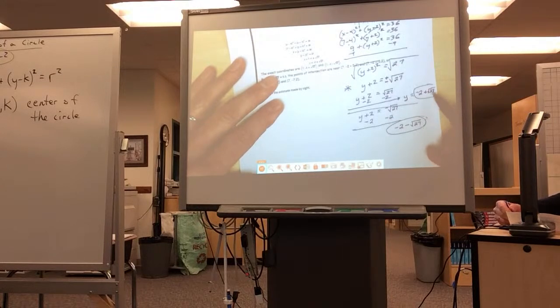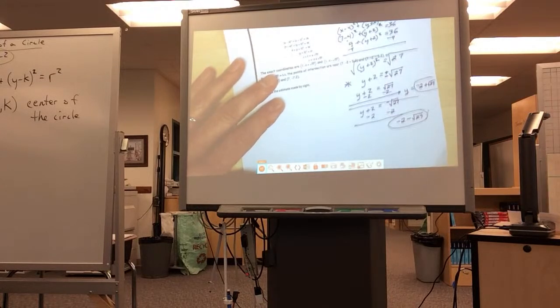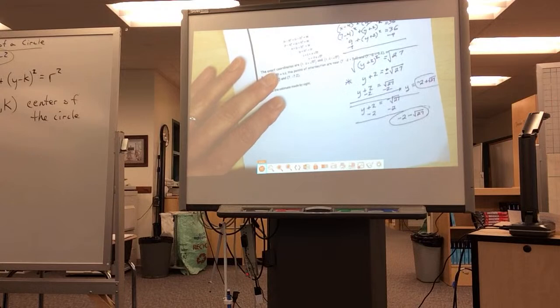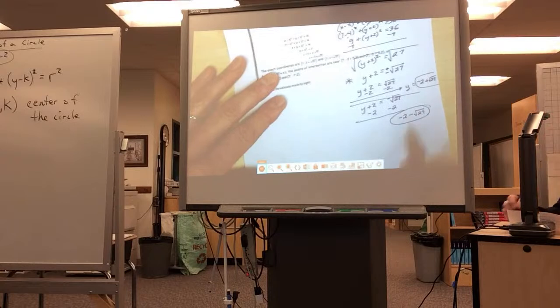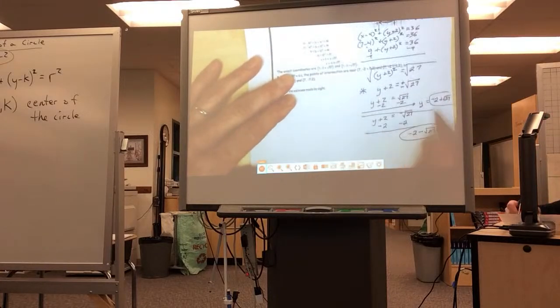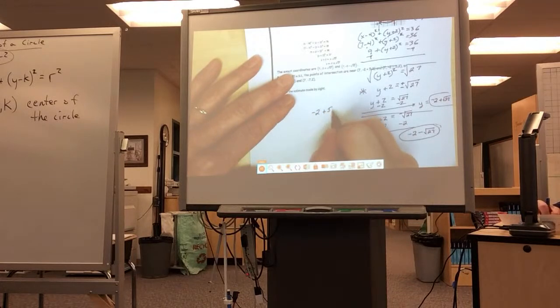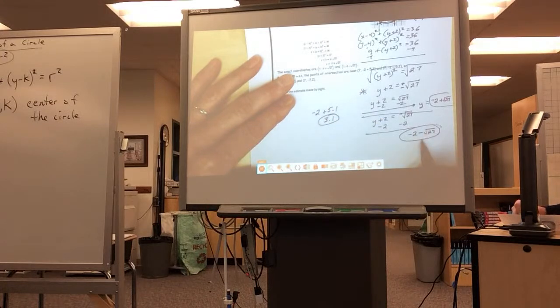So what is the square root of 27 approximately? 5.1. 5.1, okay. So I'm going to come over here and say that this first solution is negative 2 plus, let's say, 5.1. So that's about 3.1. And then the other solution is negative 2 minus 5.1.